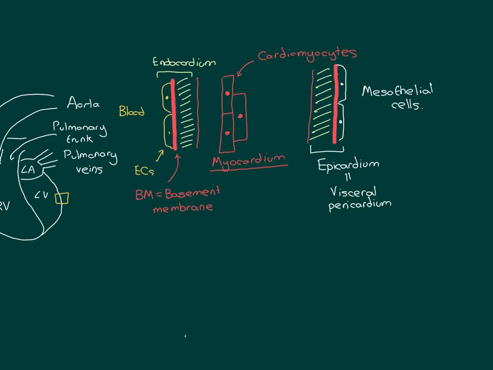And then what you'd have, and I might just complete it for completion, you'd then have a space, which is the pericardial cavity. So you'd have the pericardial space, and I'm going to over-exaggerate this completely, just because I don't want to have to rub out the mesothelial cells there.